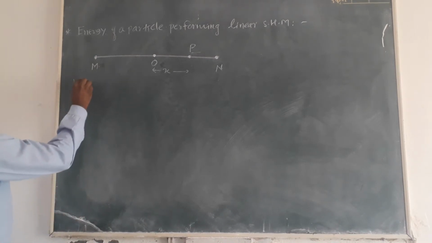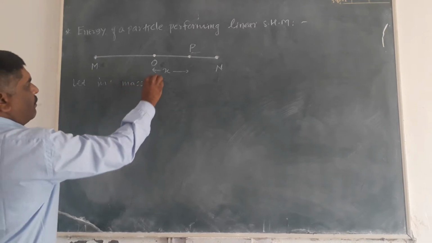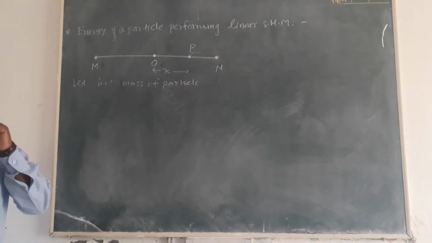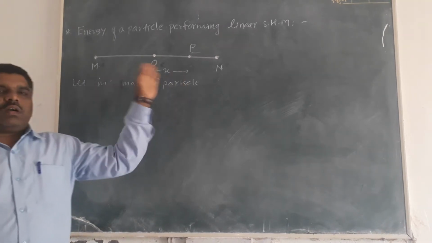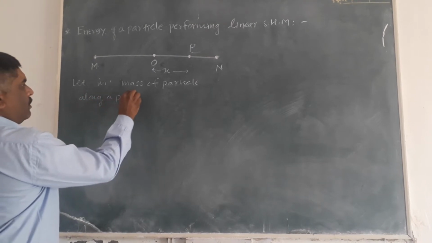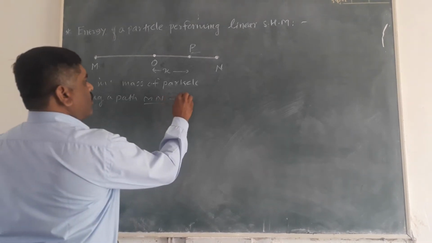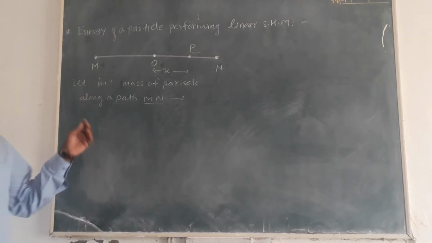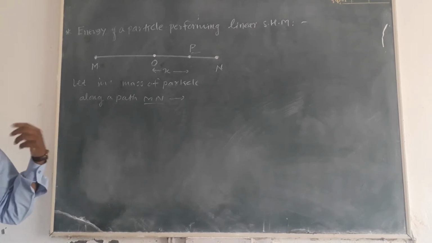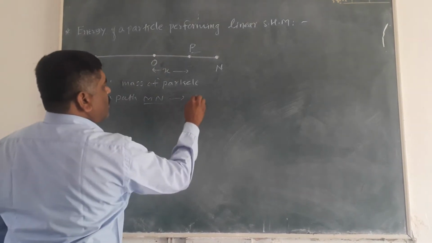Let m be the mass of the particle, and this particle performs linear SHM along the path MN, whose center is O. This displacement is towards the center, that is the mean position O.